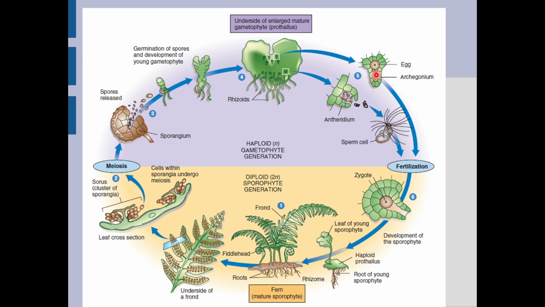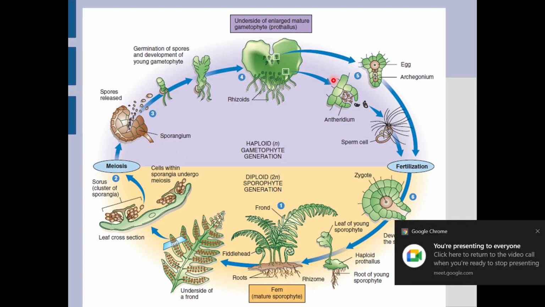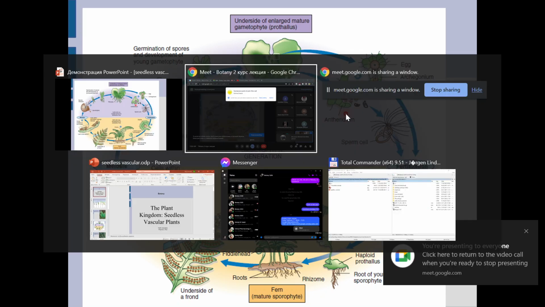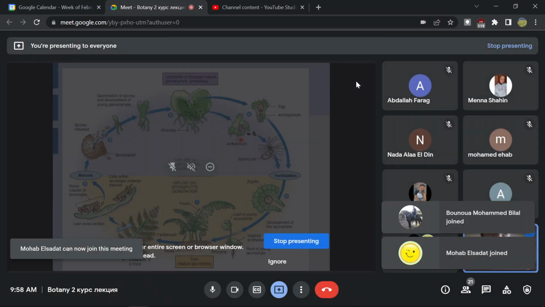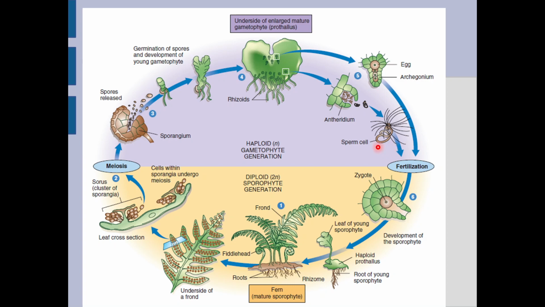So archegonium with one egg is a female reproductive organ, and antheridium is a male reproductive organ, and antheridium will produce a large amount of sperm cells that are flagellated and can move in water, so they will move to the egg cell and fertilize the egg.